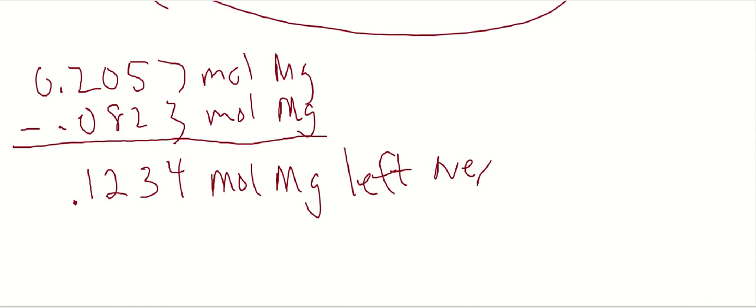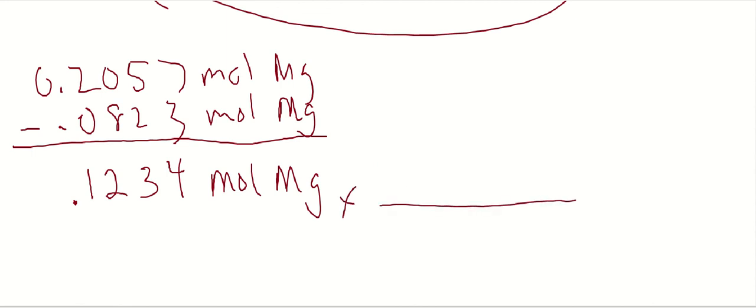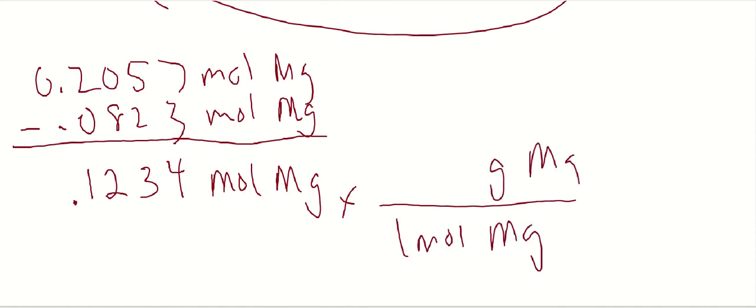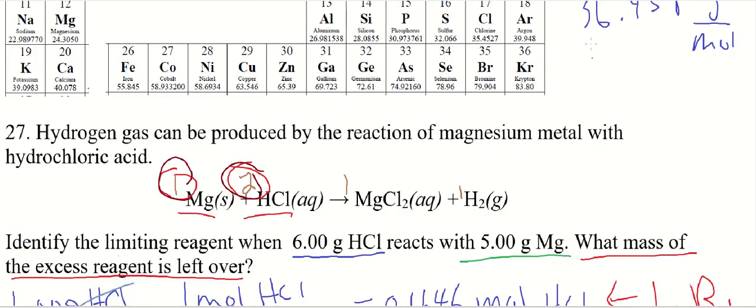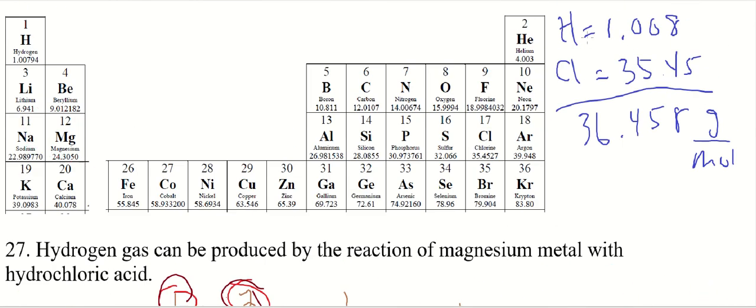Whew, that's a long problem. Well, we know how to do that. Moles to mass, molar mass. Get rid of moles, get mass. We did this earlier, it was 24.31.